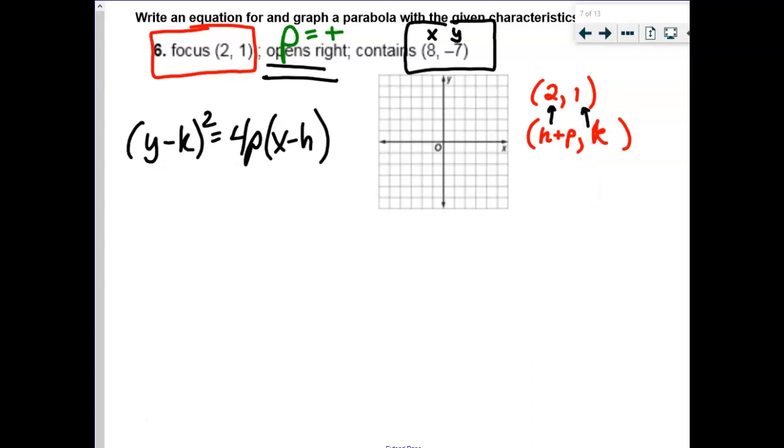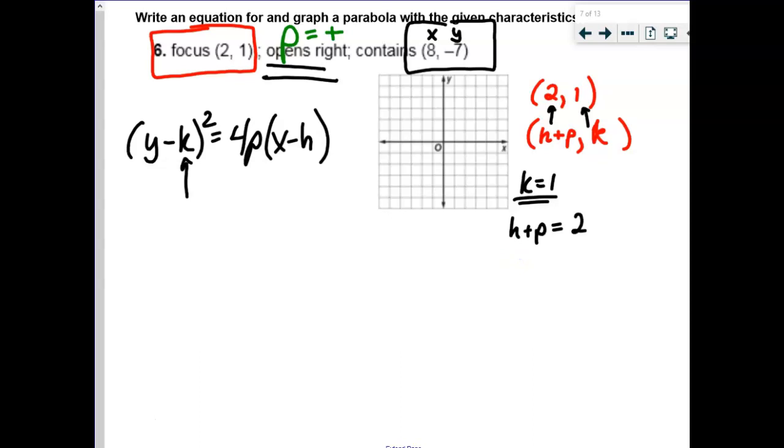So I'm going to write those two things down. K is 1, and h plus p is 2. This seems very important, because it's going to go right there. So it has to be positive. I need to figure out p, and I need to figure out h.